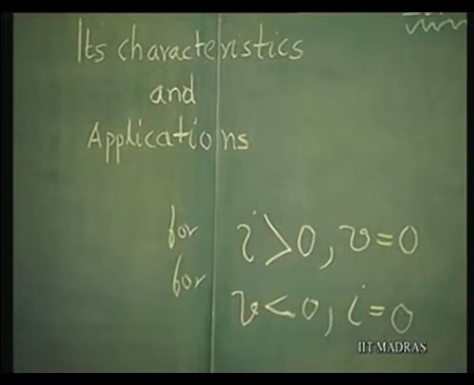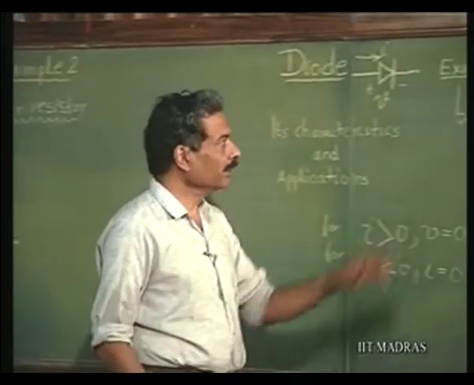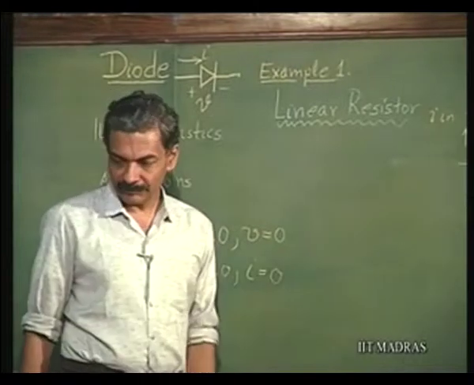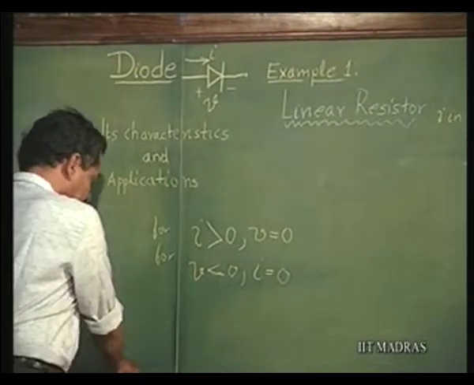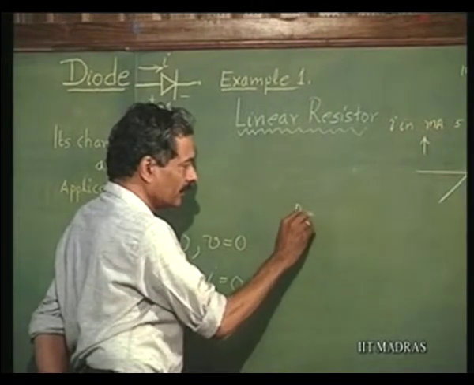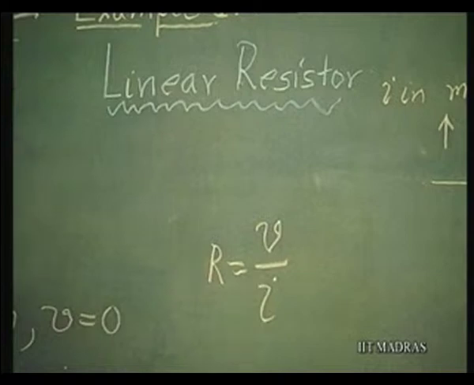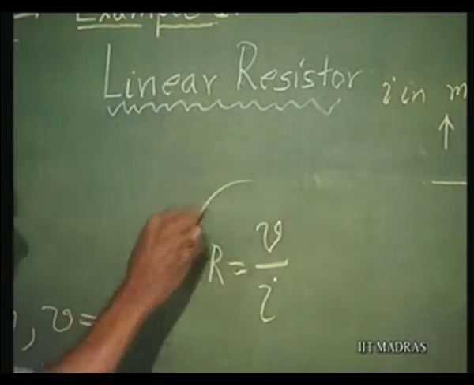Before going to that, we also saw what is called the characteristic of the linear resistor. What is a resistor? We know that a resistance R is the ratio of the voltage across it divided by the current. So, this is a linear resistance, this is called the Ohm's law.